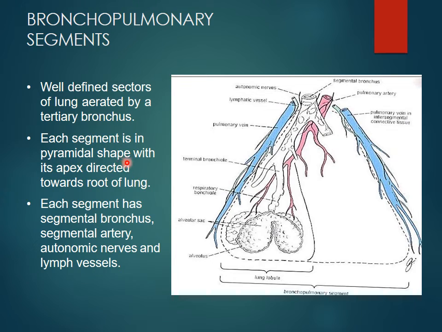Each segment is pyramidal in shape with its apex directed toward the root of the lung. We can see this pyramidal shaped segment in this diagram. It has the segmental bronchus, segmental artery, autonomic nerves and lymph vessels. The segmental vein is not included in this bronchopulmonary segment.